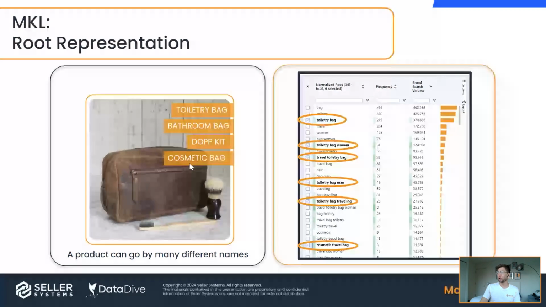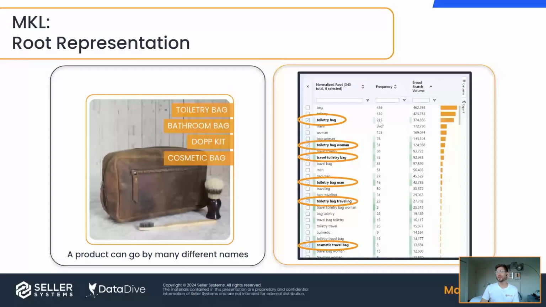And so if you're looking at how the breakdown of these keywords work in Amazon search algorithm, toiletry bag is not just the keyword toiletry and bag. Toiletry bag is a root which includes 215 different keywords with a broad search volume of almost 400,000 searches a month.